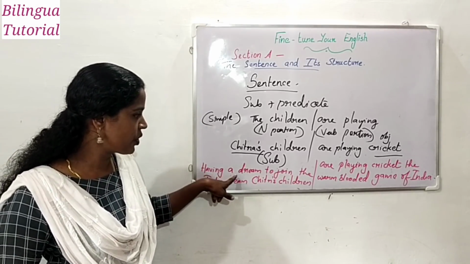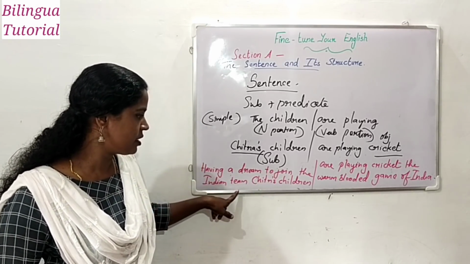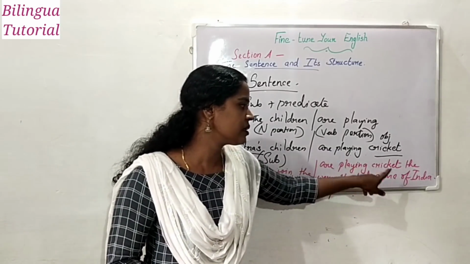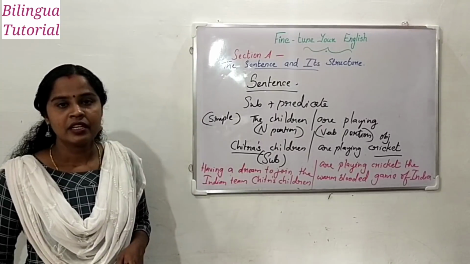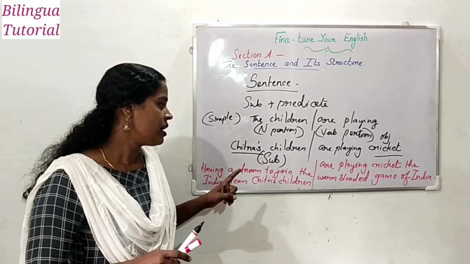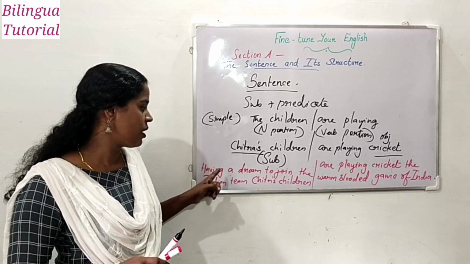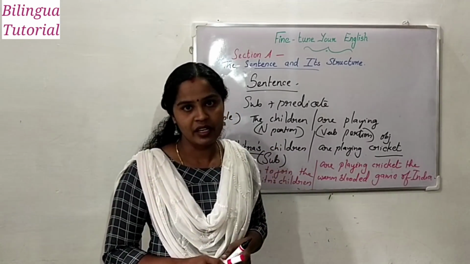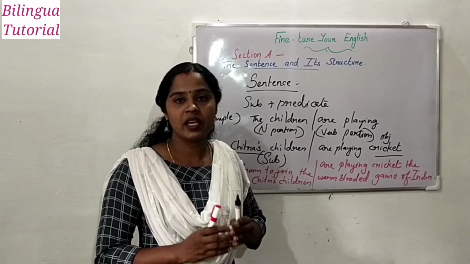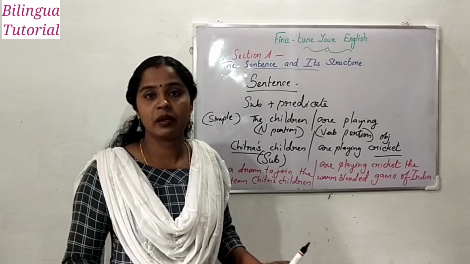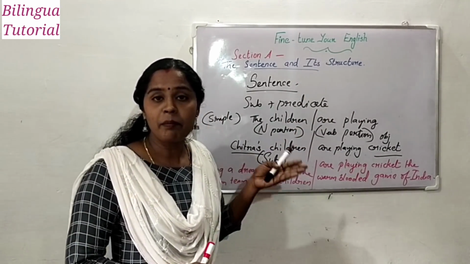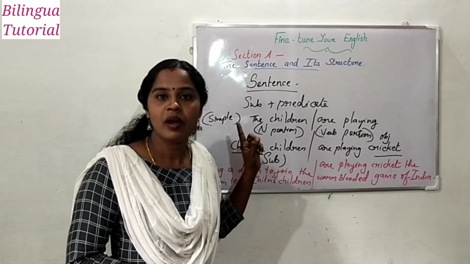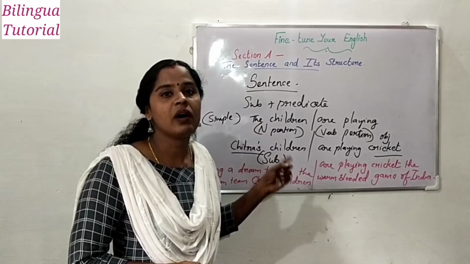So this is a long sentence and a complex sentence too. I have enriched the subject and enlarged the predicate. So in this way, we can enlarge a sentence. We can make a sentence complex or compound from a simple one by adding some modifiers or words.